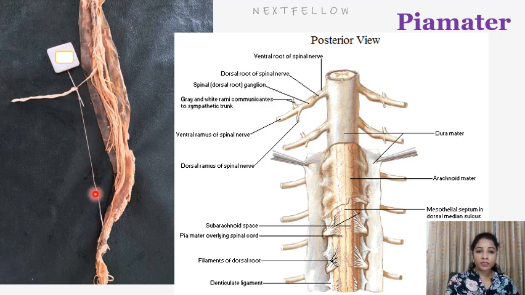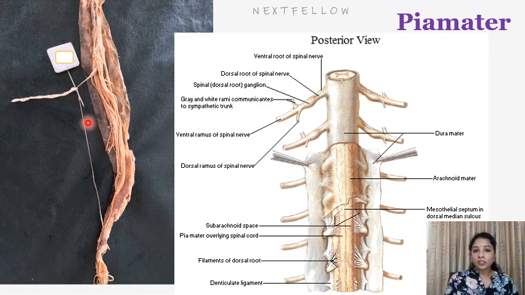The filum terminale attaches to the dorsal surface of the coccyx below, and it has two parts, filum terminale internum and externum. Internum extends till the level of S2, and externum extends below S2 till the coccyx. Internum is 15 centimeters and externum is about 5 centimeters.